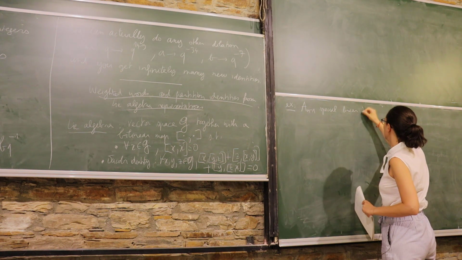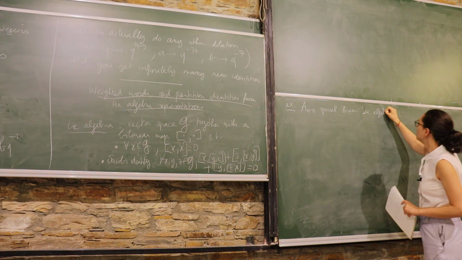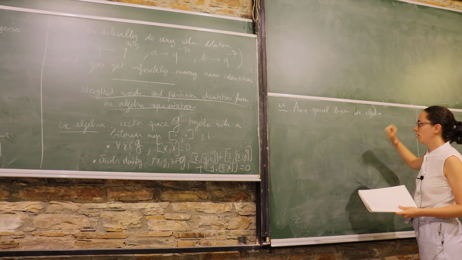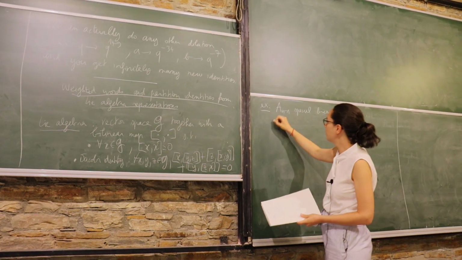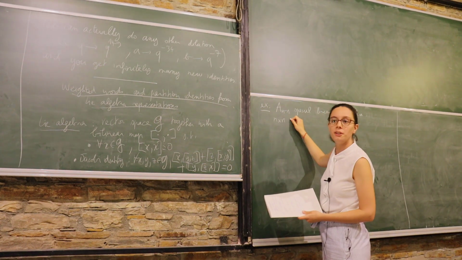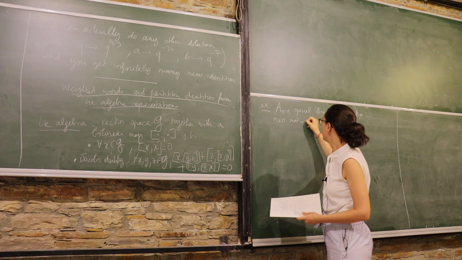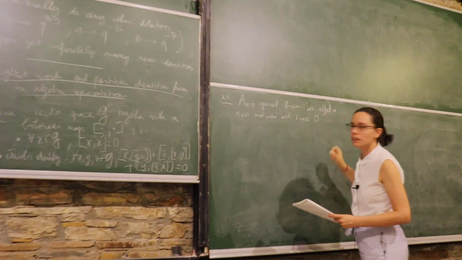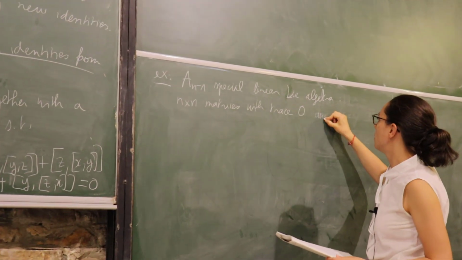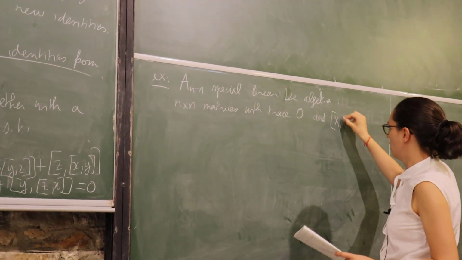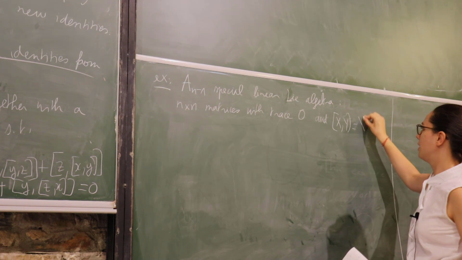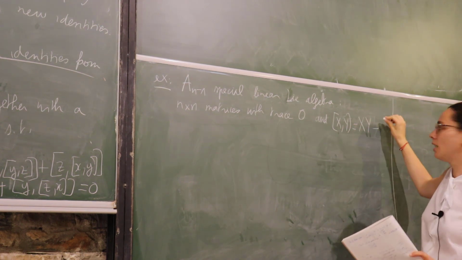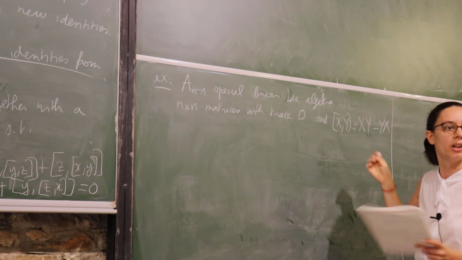It's simply the algebra of n by n matrices with trace 0. And the bracket is quite simple here. If you have two matrices, you take xy minus yx.